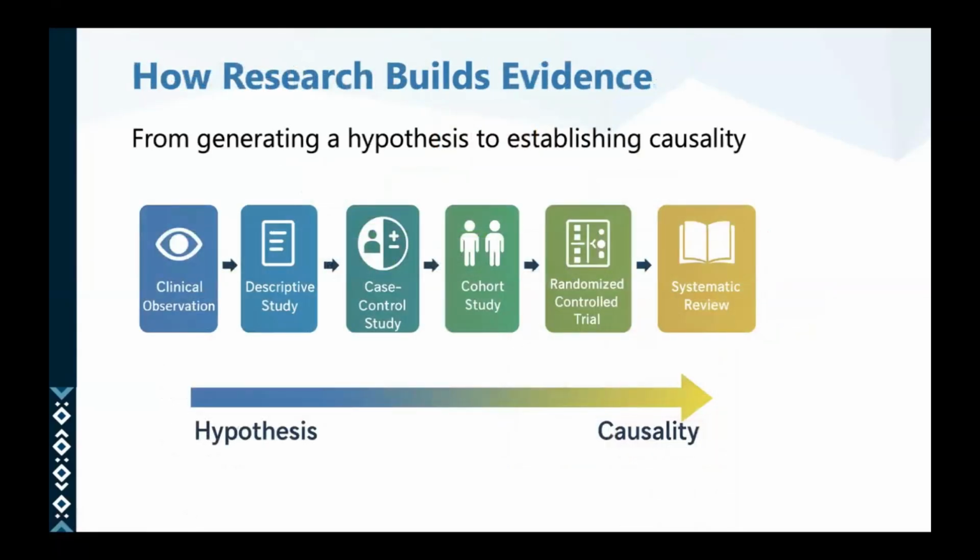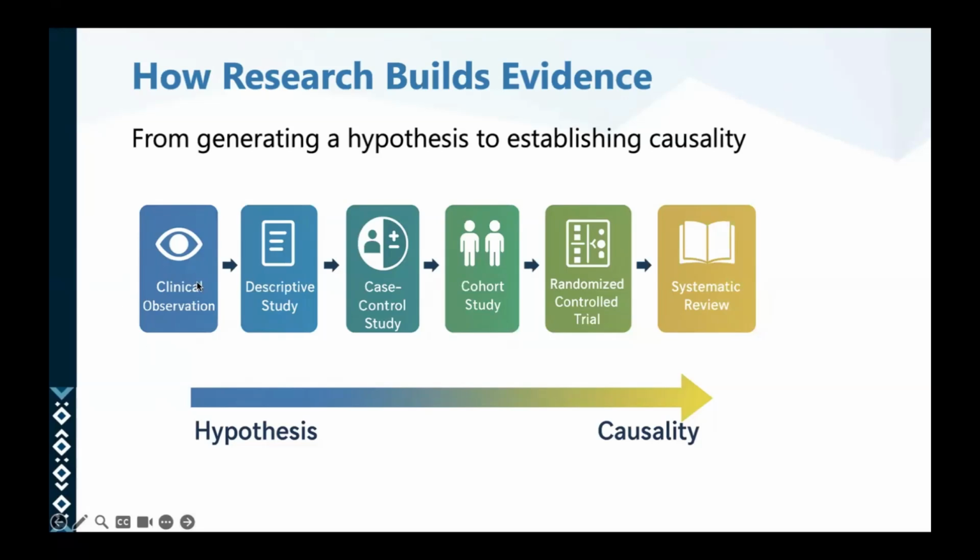So before we go further, I think it's very critical to have a very intuitive understanding of how different study designs vary. One way to think about it is that as you move from clinical observation to the most robust form of evidence, you actually go from generating a hypothesis to establishing a cause-effect relationship.